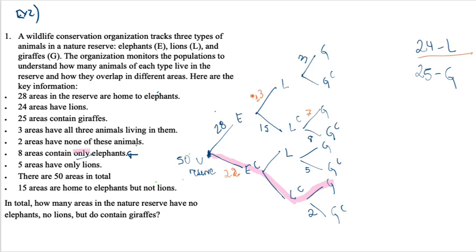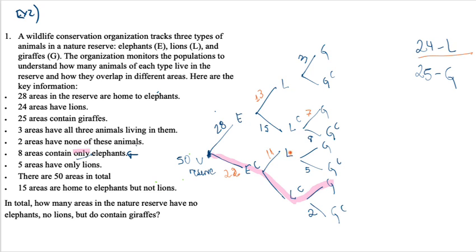And I have 2 ways to be in lion, in this path or in this path. This path, I already have the number, it is 13. So whatever I put here has to sum up to 24. So this is 11. Okay, because 13 plus 11 is 24.